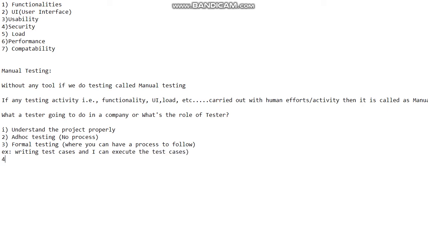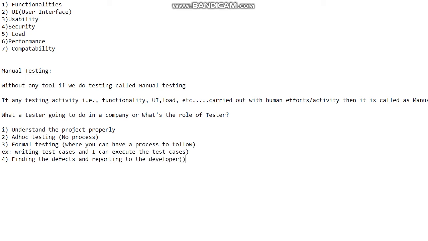And the fourth one is, once I am testing any application, if I find any defects, I have to report them to the respective developer. So finding the defects and reporting to the developer.